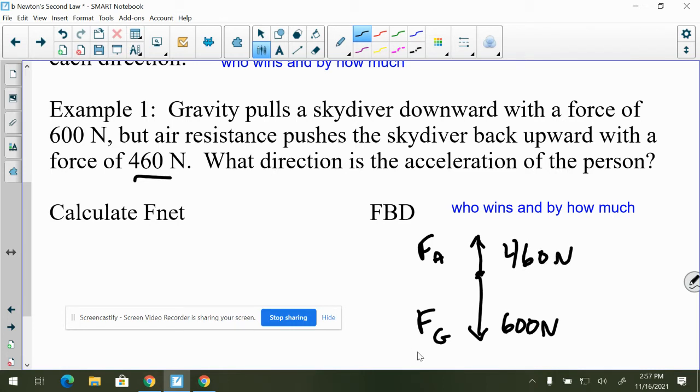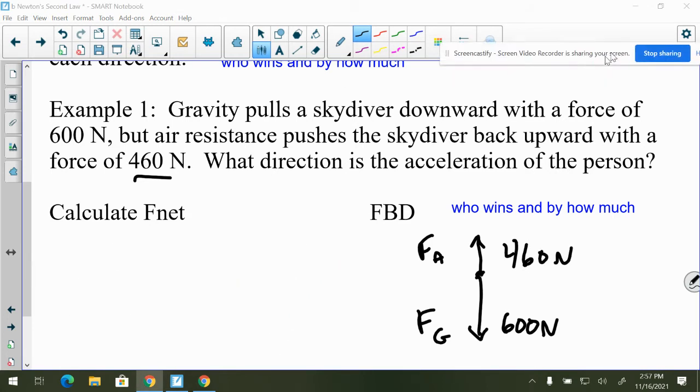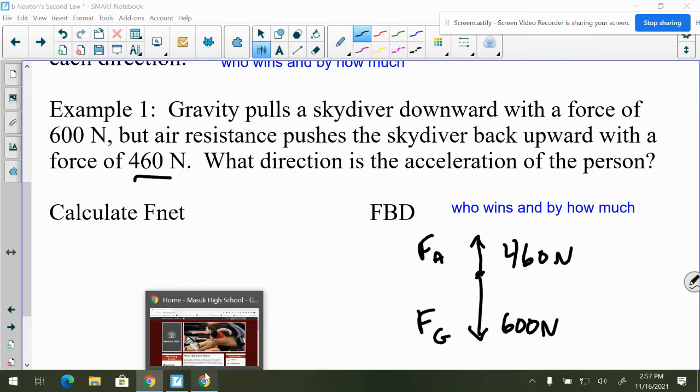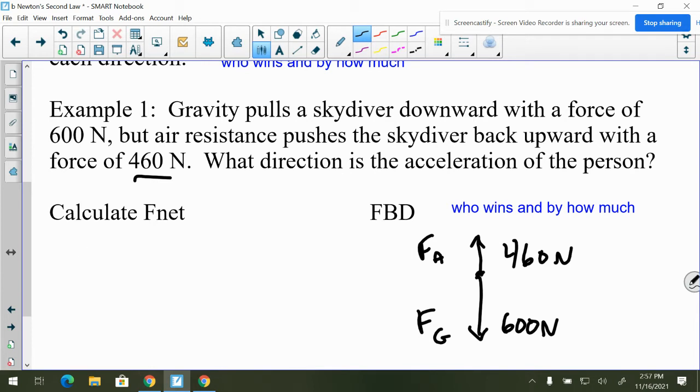Now, to find the net force, all we're going to do is say who wins and by how much. If I look at this picture, who wins? Obviously, Fg. By how much? I just take the difference, I subtract. So the F net equals the winner, Fg, the big one, minus the little one.